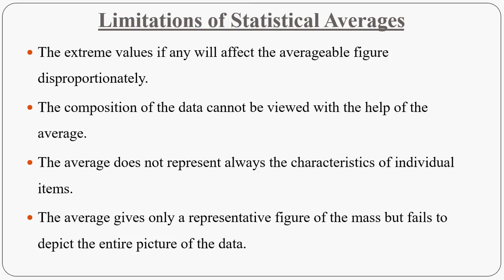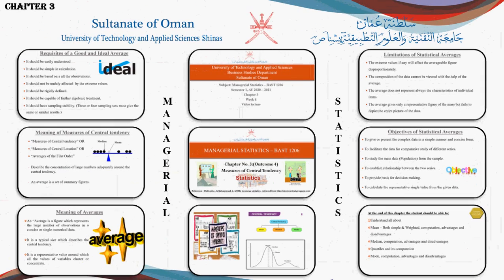It gives only an average, but the holistic approach, the true story, it doesn't talk about. So these are all the limitations of statistical averages. I hope this part is clear to understand.